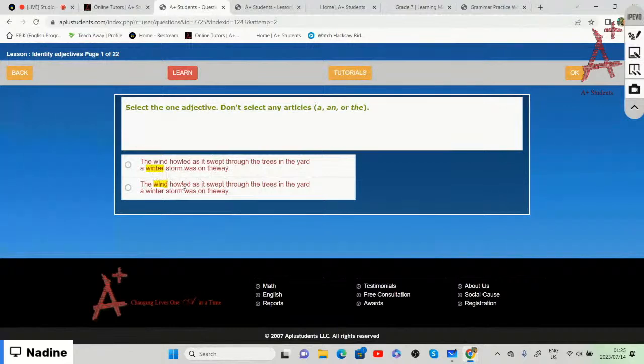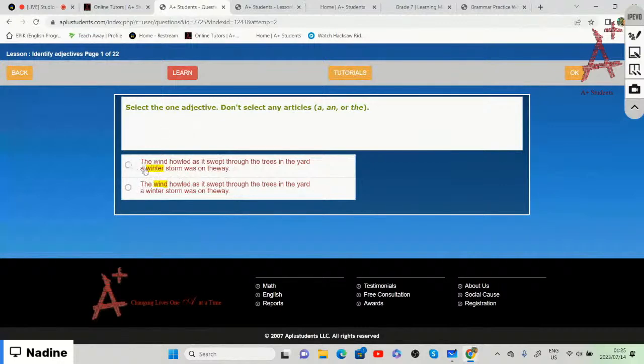Then we have the second option. It says, the wind howled as it swept through the trees in the yard. A winter storm was on its way. So the second option, wind, is identified within that sentence. We need to choose the highlighted word within each sentence that shows it is an adjective.